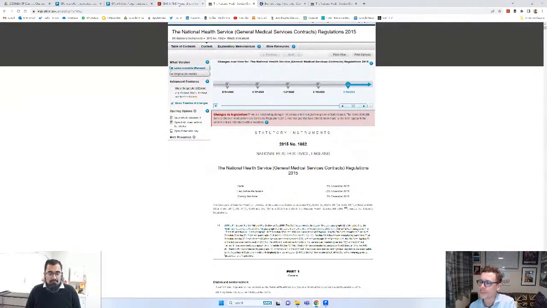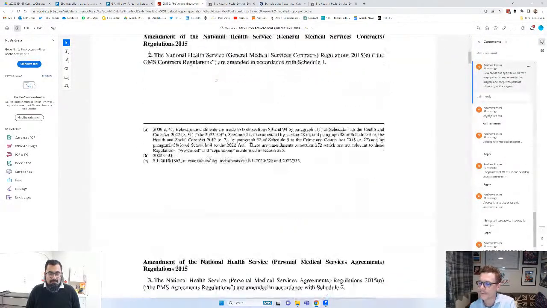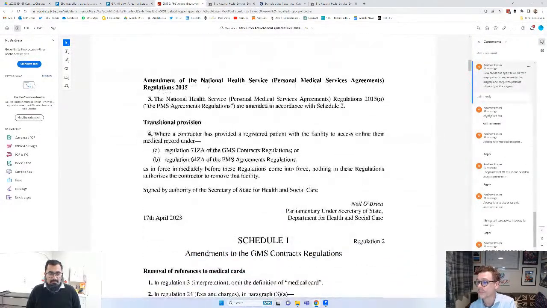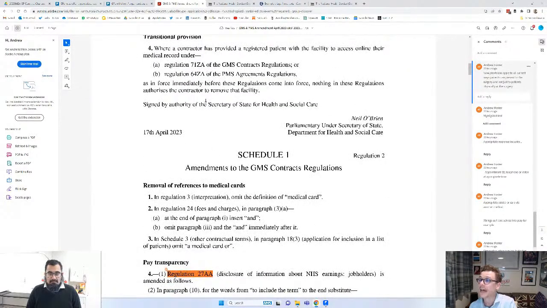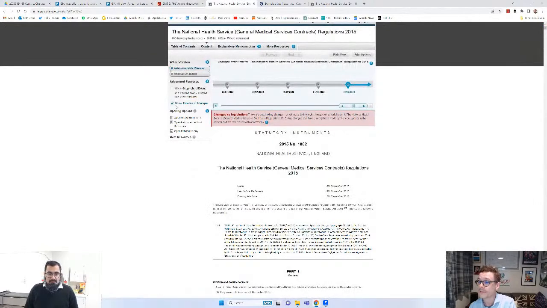And then you can, and we won't do this live, where it refers to a part of the regulations, which is 71ZA, which is one of the bits that's amended, press Control F in this window, go to that, and find out what it used to say and what it's going to be replaced with. That was something I did while we were preparing for this episode, and I'd encourage people to at least have a go.